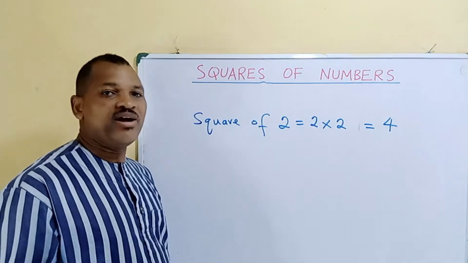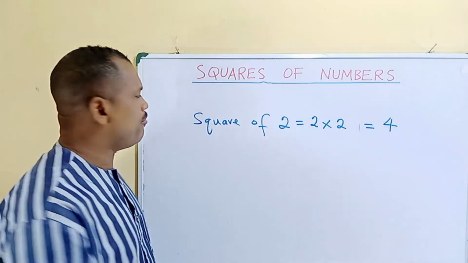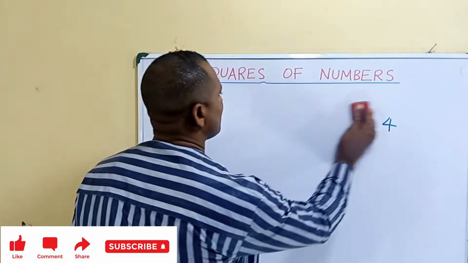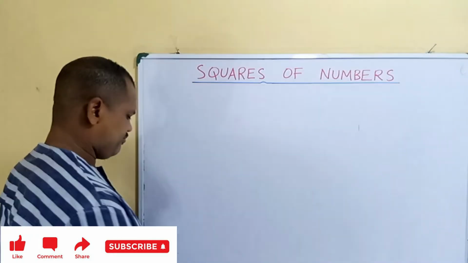So if we are to define the square of a number, let's define it together.